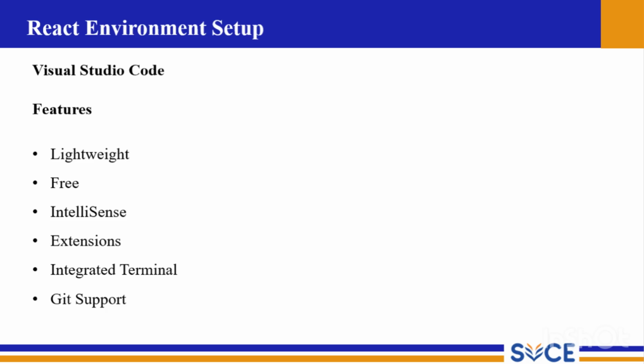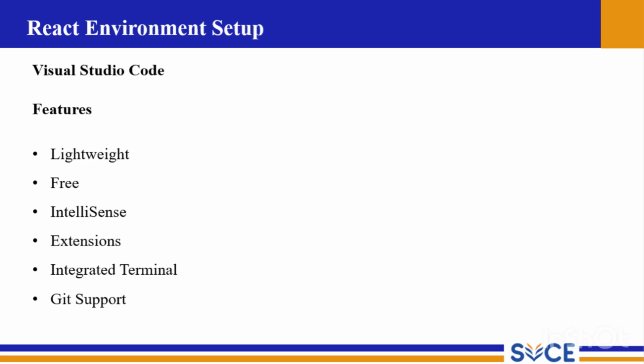It is widely used by professional developers and beginners because of its simple interface and rich set of features. One of the key advantages of VS Code is its syntax highlighting feature. It displays different parts of the code in different colors, making it easier to read, understand, and identify errors quickly.